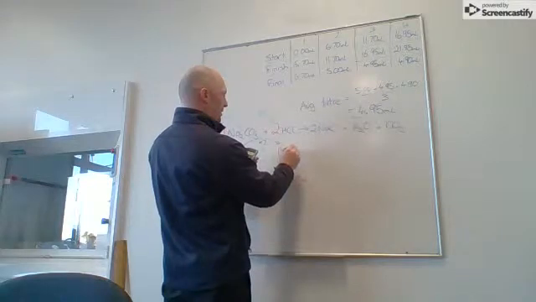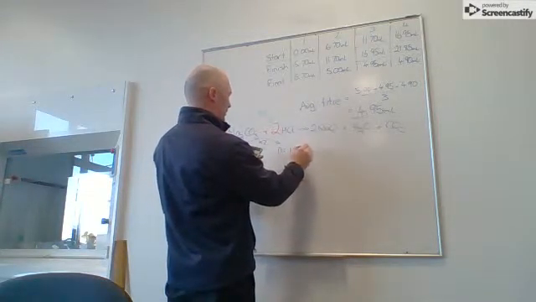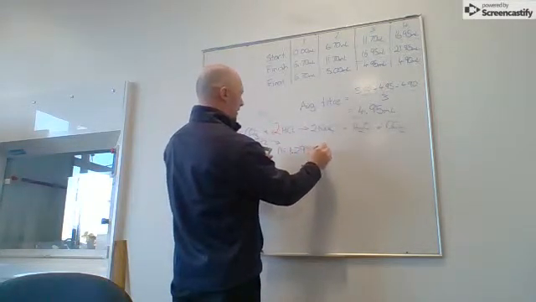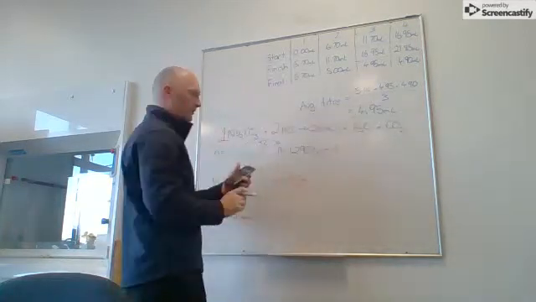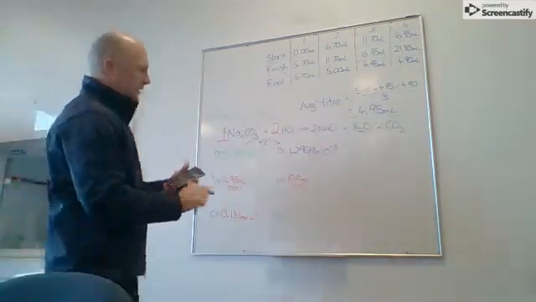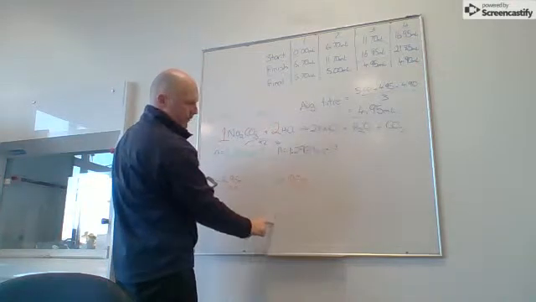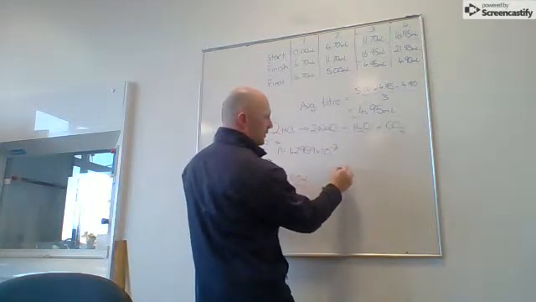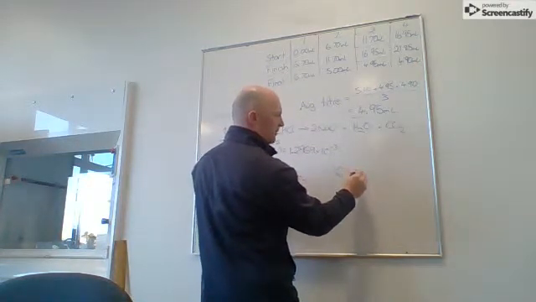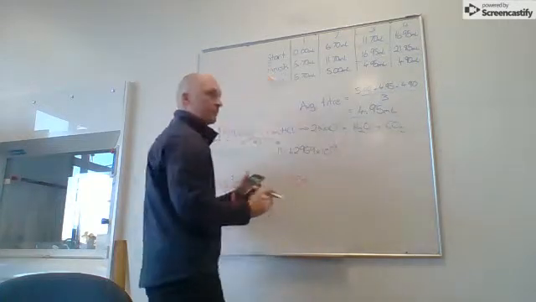Equals 1.2969 times 10 to the negative 3. These two numbers, we can work out that one. So concentration equals number of moles over volume.